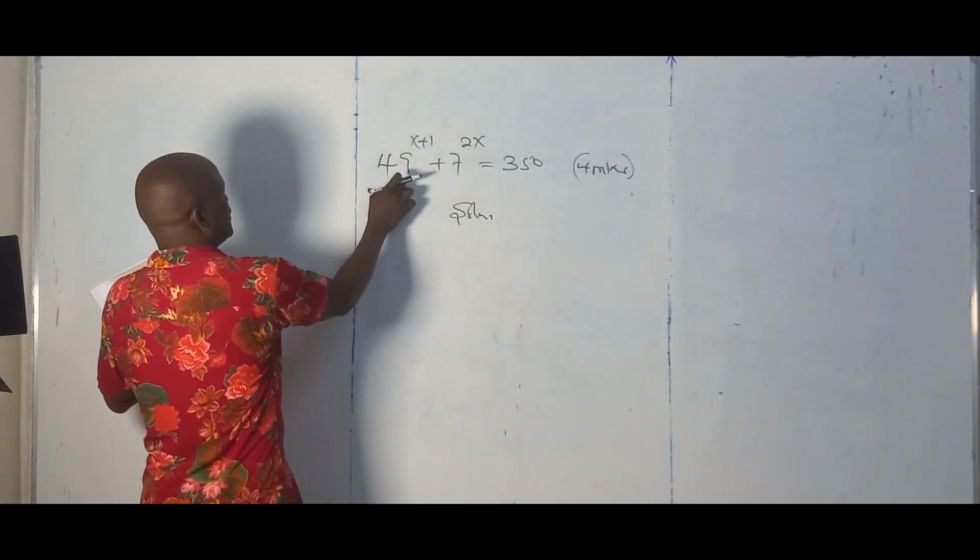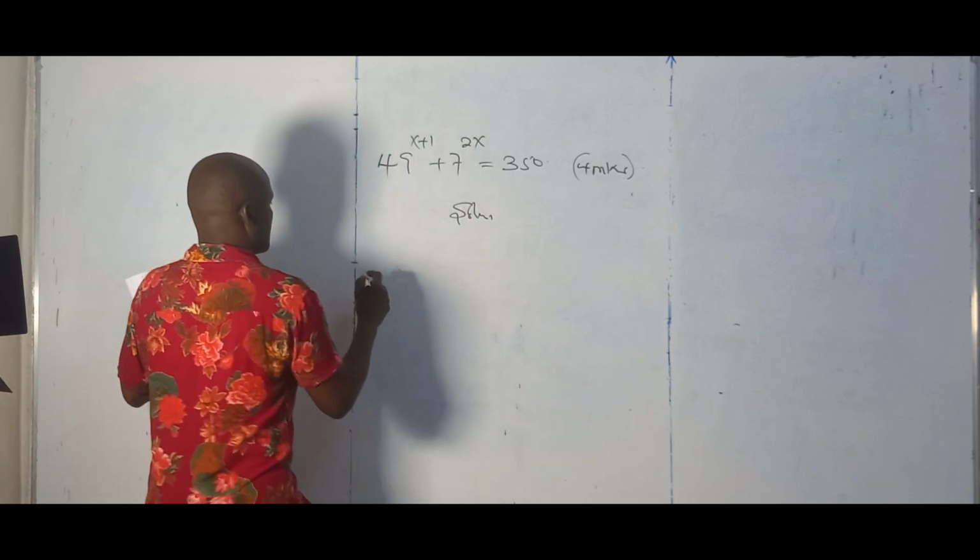First, 49 can be expressed in terms of 7.